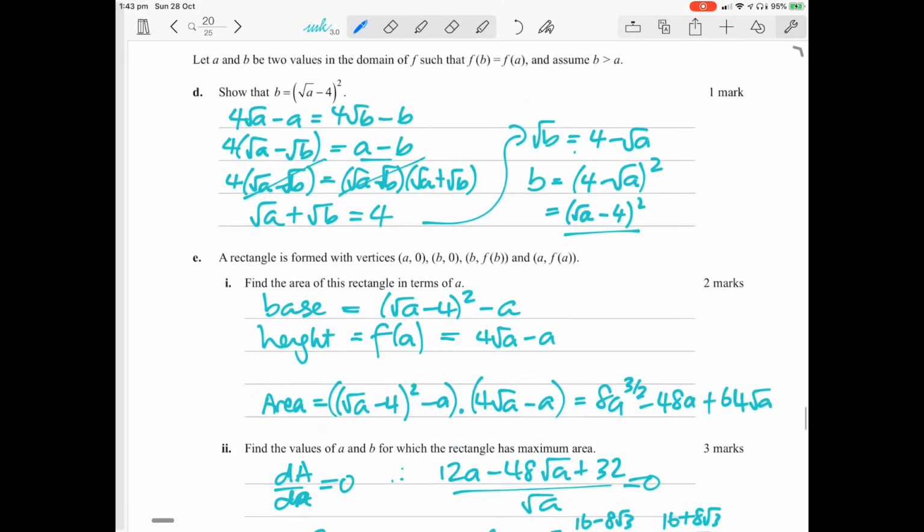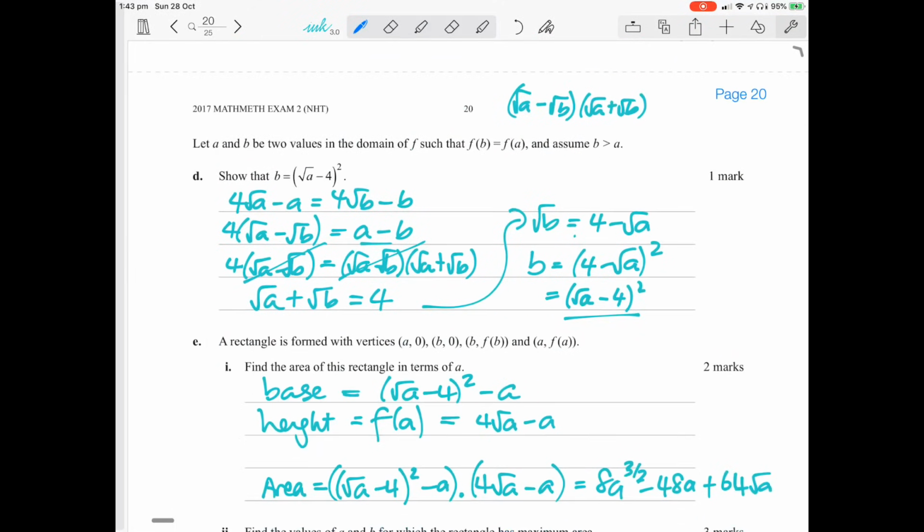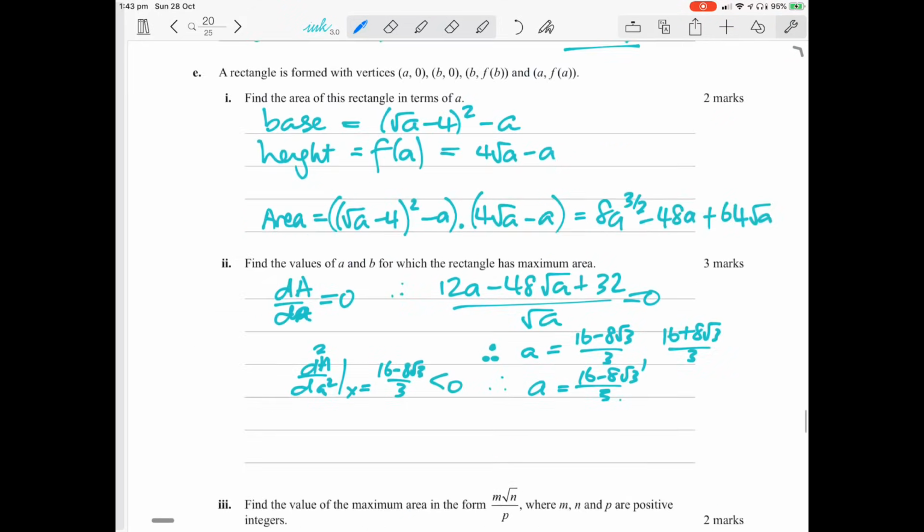Now B, how does it relate to A? It's (root A minus 4) all squared.